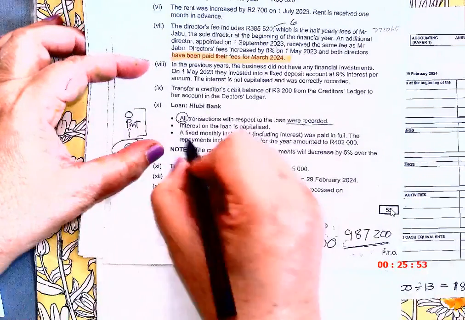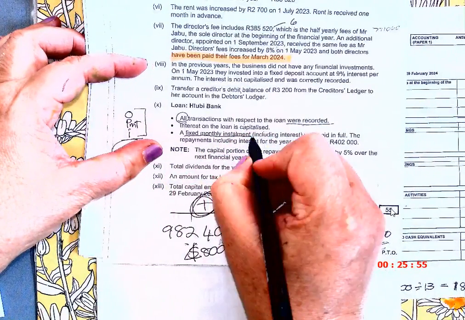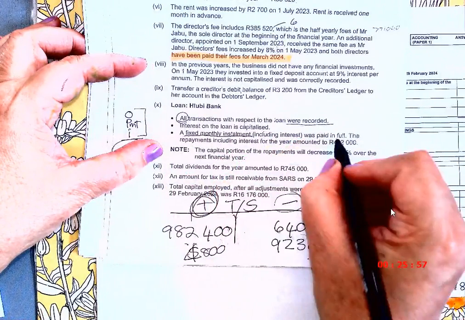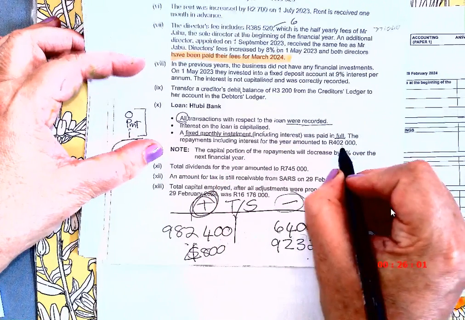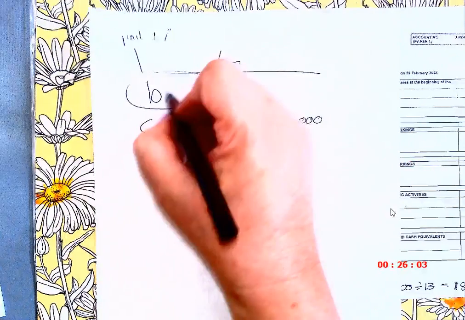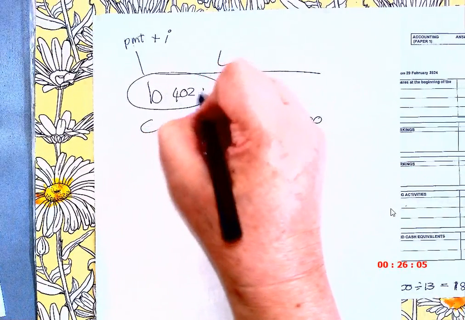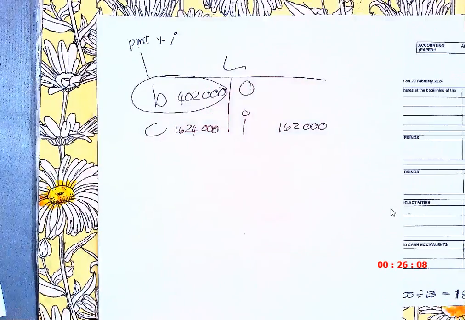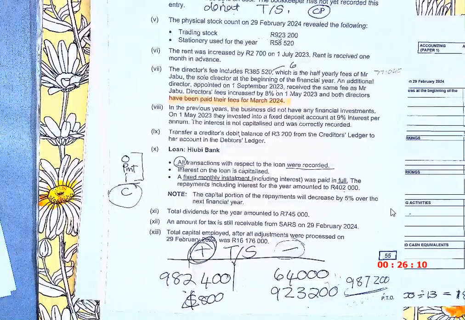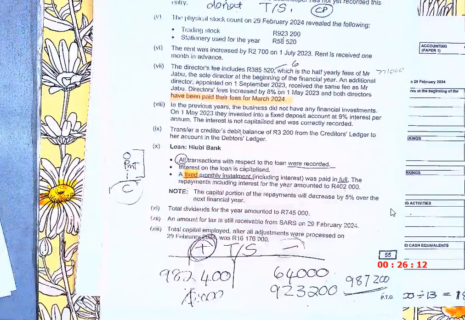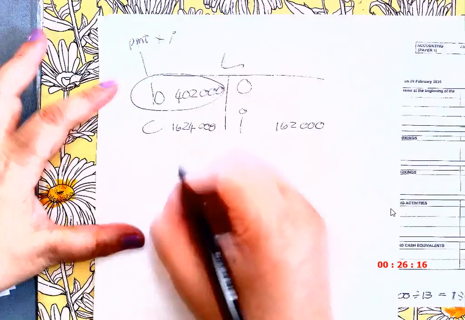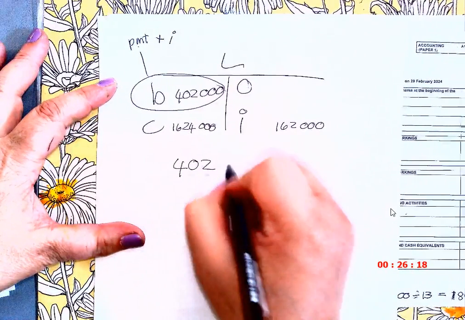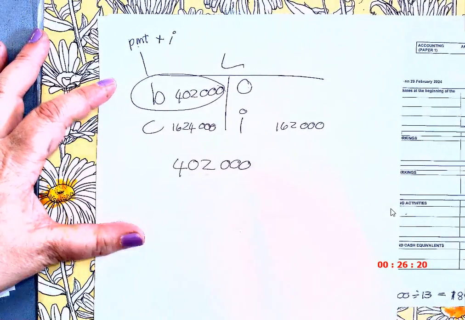Okay. Now, what do they say further? They say a fixed monthly installment was paid in full. And that amounts to 402. So they tell me this is 402. But now the big keyword there is fixed. What does it mean? It means that next year I'm also going to pay 402.